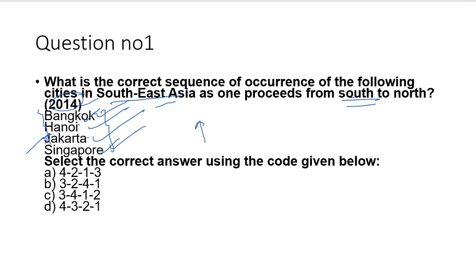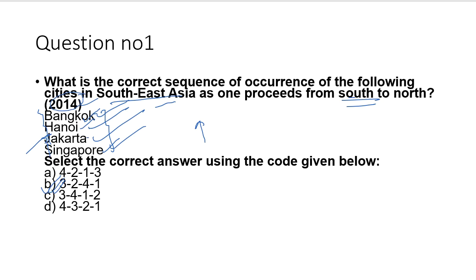Further northward comes the capital of Vietnam, Hanoi. So this is the correct sequence, that is 3, 4, 2 and 1.